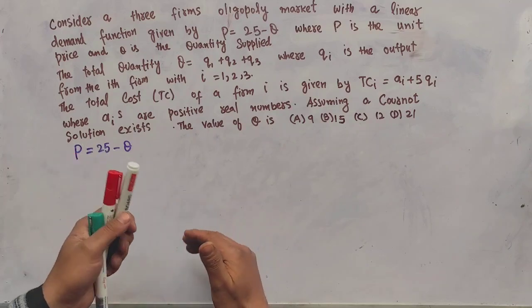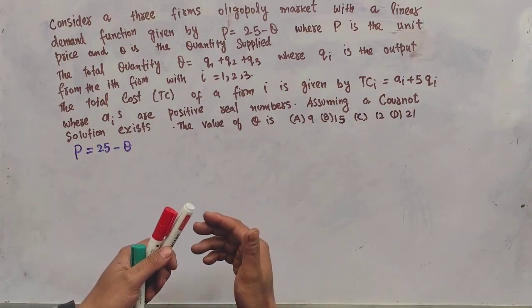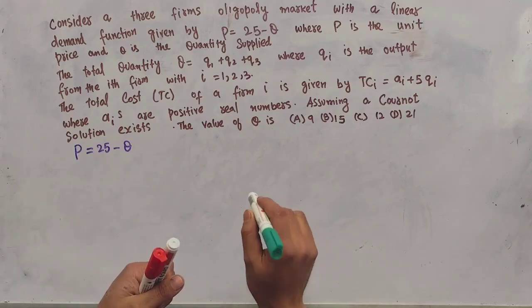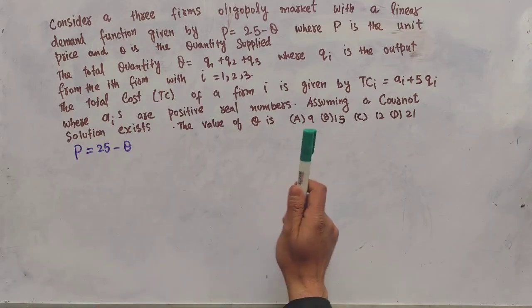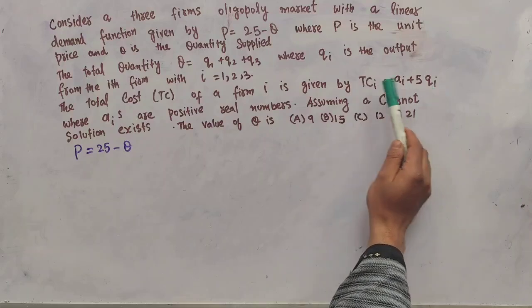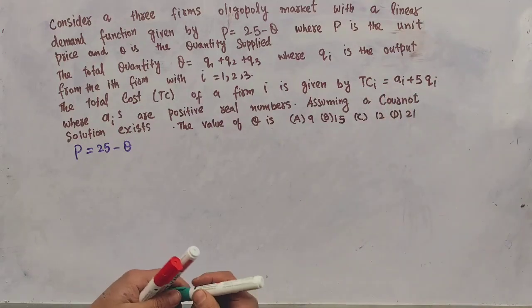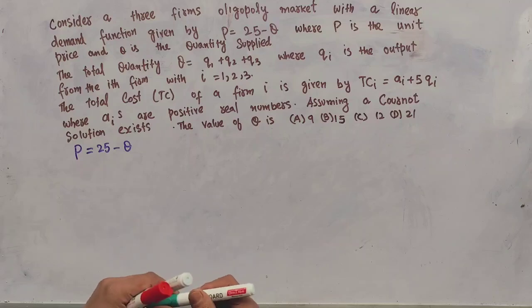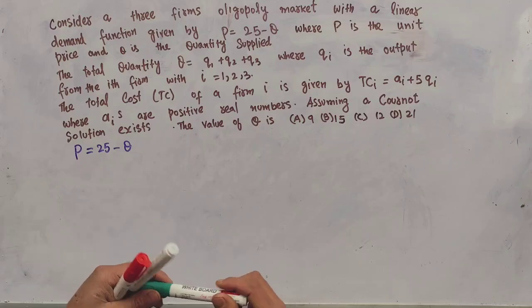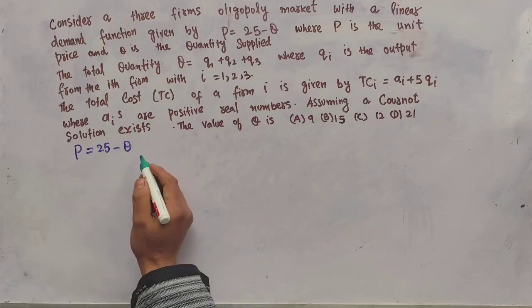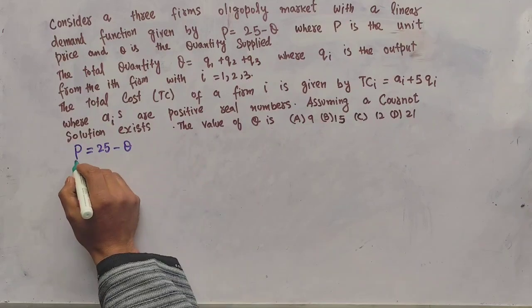And how to find out the reaction functions? Since we have a three firms oligopoly model and we have symmetric cost here, let us take the first firm, that is firm 1, and find out the reaction function for firm 1. So this is the market demand function. Can I rewrite it like this?